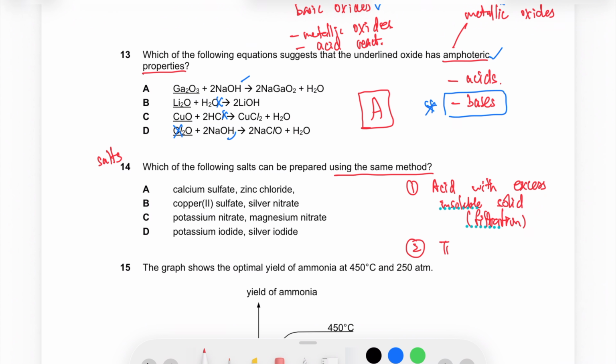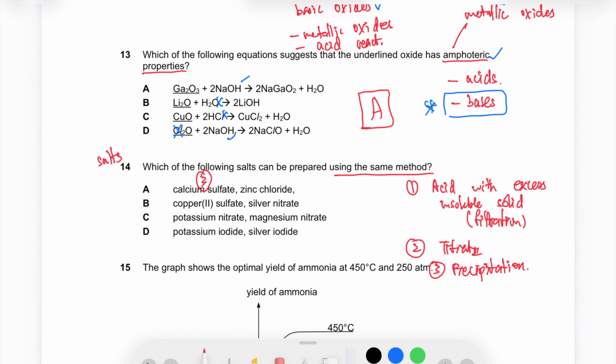Second will be your titration. And third will be your precipitation. Calcium sulfate is insoluble, so it's precipitation, the third method.